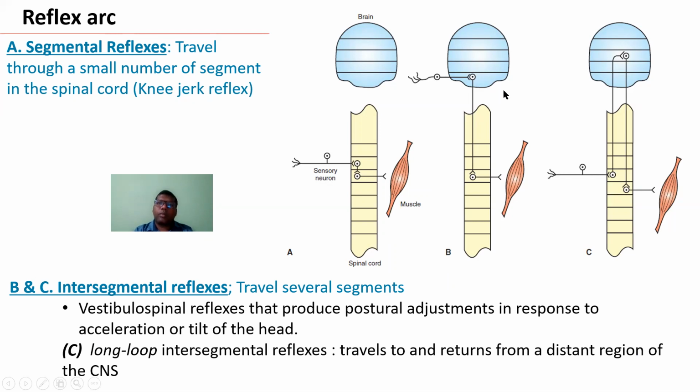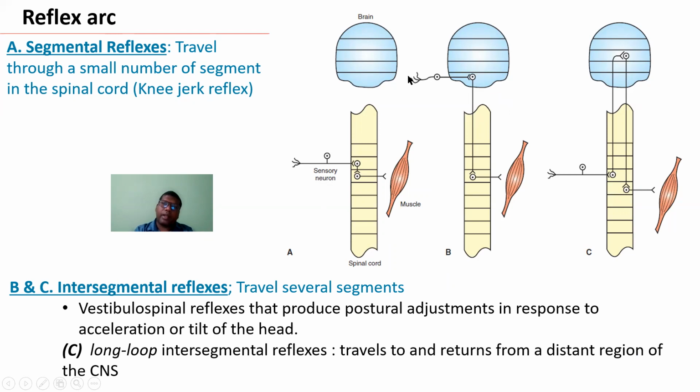So when we move our head, to prevent falling, the anti-gravity muscle or other muscle have to work to maintain or to prevent us from falling when we suddenly move our head in a different direction.